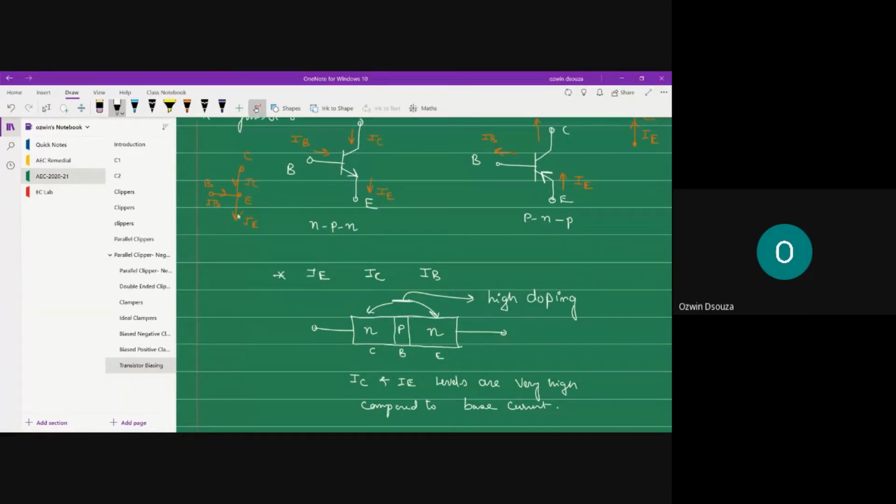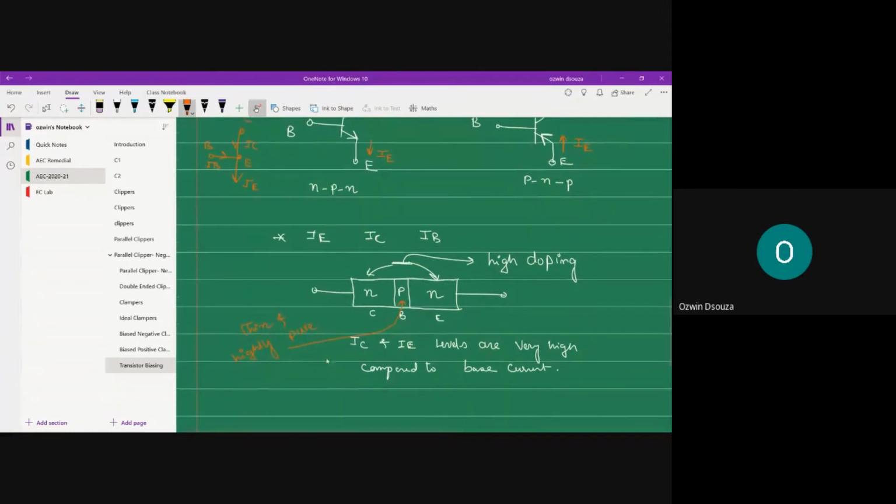This is also true because your base layer is thin and highly pure.